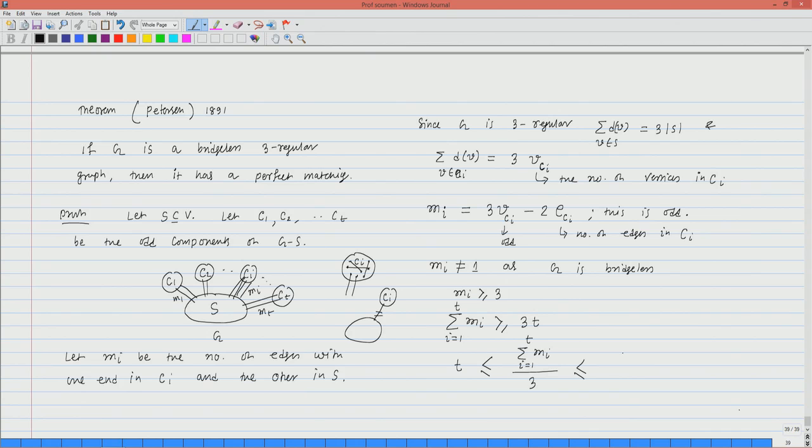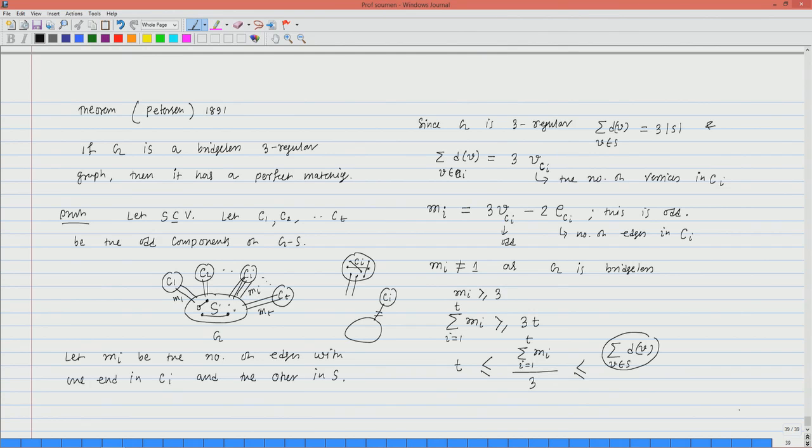This is smaller because that is the degree sum for all the vertices in S, and this degree sum includes these edges also. There might be some edges inside S also.